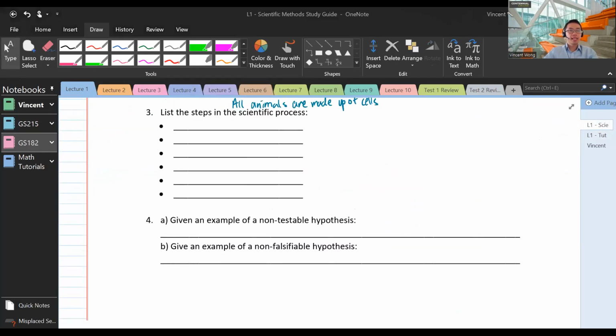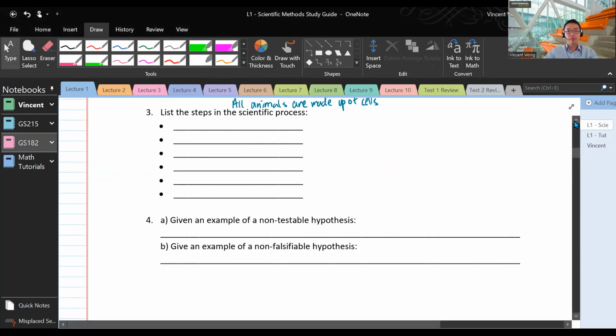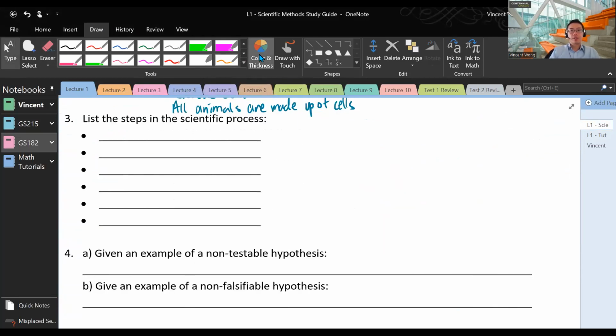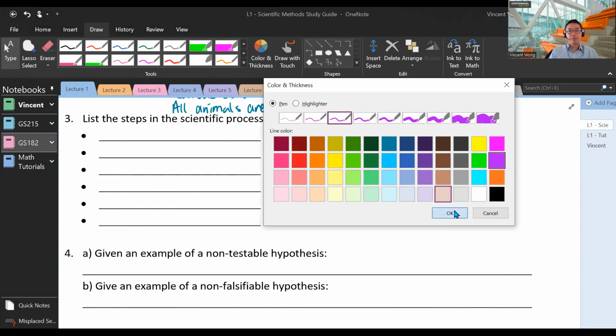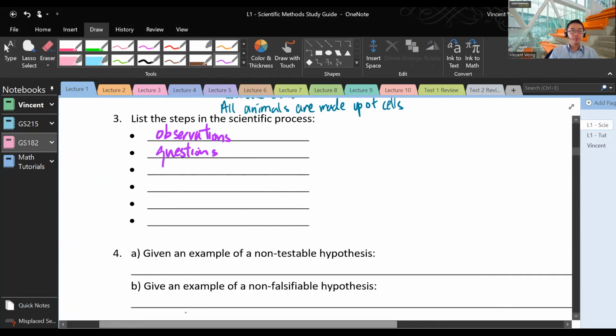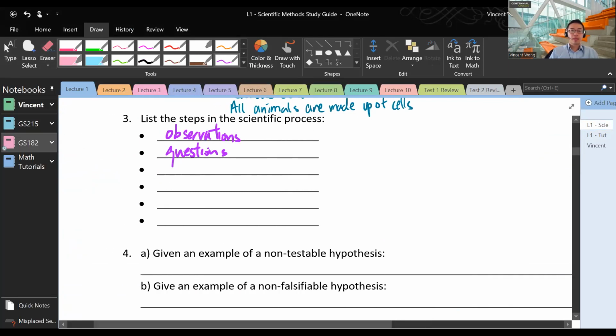List the steps in the scientific process. Okay, so first step is to make observations. Next is ask questions. Then you are going to try to answer your question by stating a hypothesis.